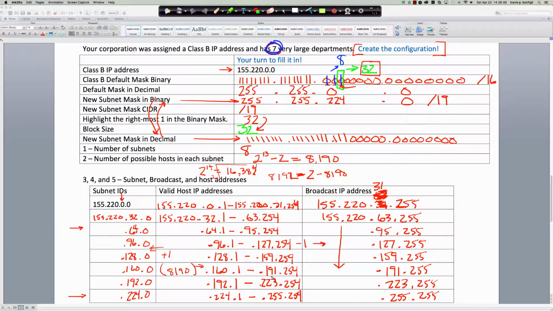All right, so that takes care of this corporation's need. We got 8 subnets. Each subnet will contain 8,190 usable host addresses, and we had an extra subnet left over for future growth. All right, so that takes care of this portion of the worksheet.